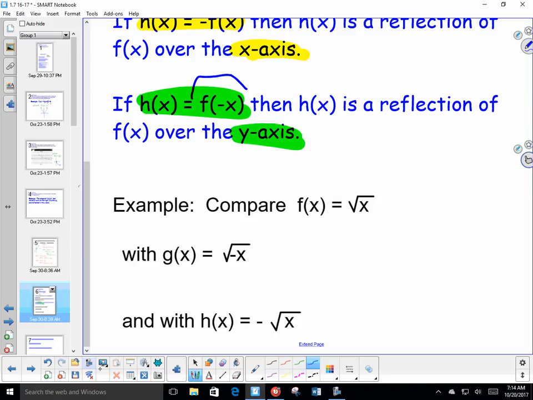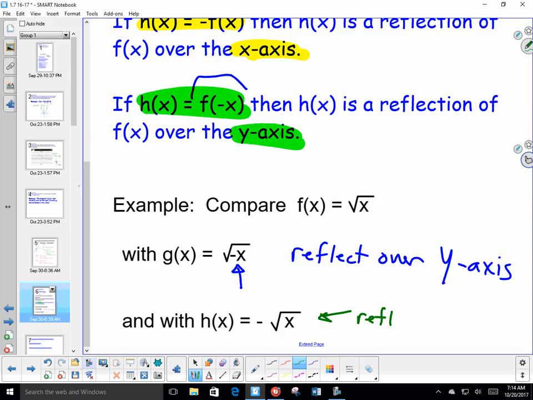If I have g of x, if I make the x negative itself, that's going to reflect over the y-axis. That was that latest graph that we did. And the one we did before that was this one. And that was a reflection over the x-axis.